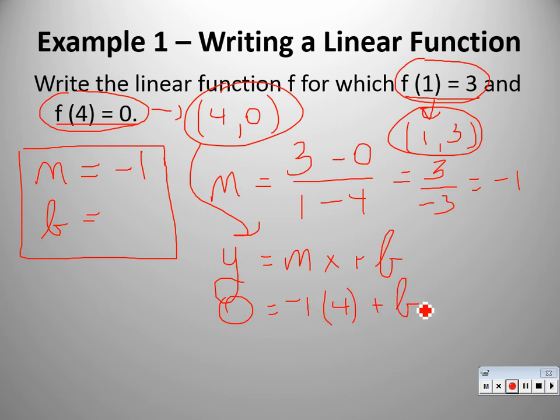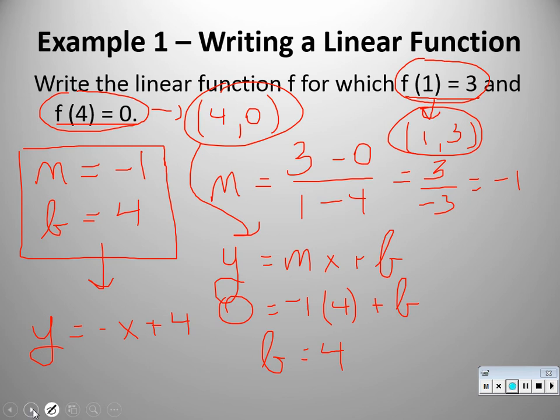When I solve this, I get b equals 4. That goes here. So the equation of this line is going to be y equals negative x plus 4. So that's something that involves linear functions with some things that we've done in the past with slope, y-intercept, and slope-intercept form of a line.